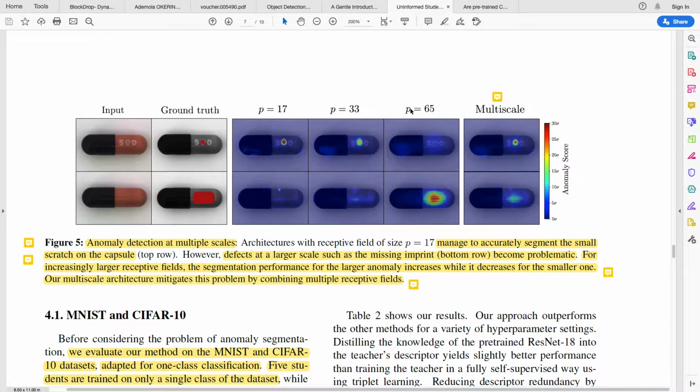And when the receptive field is very high, like 65, it is bad at detecting the small anomaly. It missed this completely, but it is good at detecting the bigger one. So in their multi-scale, they were able to combine the advantages of the small and the big to make sure they get both the smaller anomaly and the bigger anomaly.